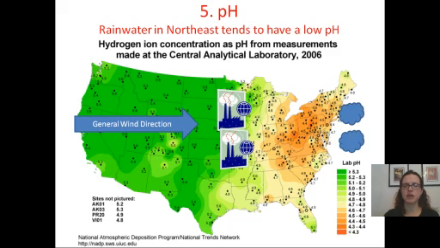And it pushes that pollution over, and if it rains when that pollution is above us, the water falling out of those clouds, out of that pollution, has a low pH. It's acidic based on the chemistry of the smogs involved. So we tend to have low pH in this area.